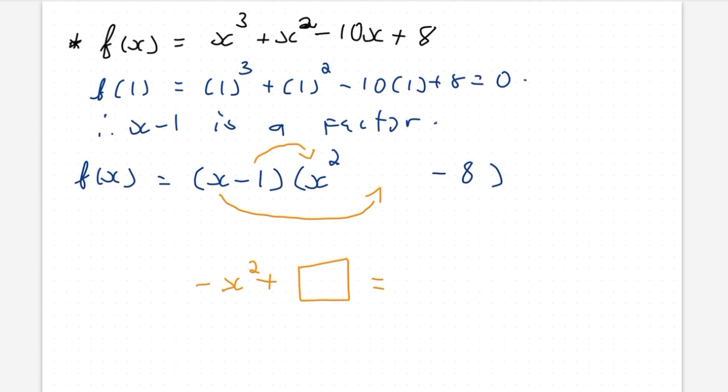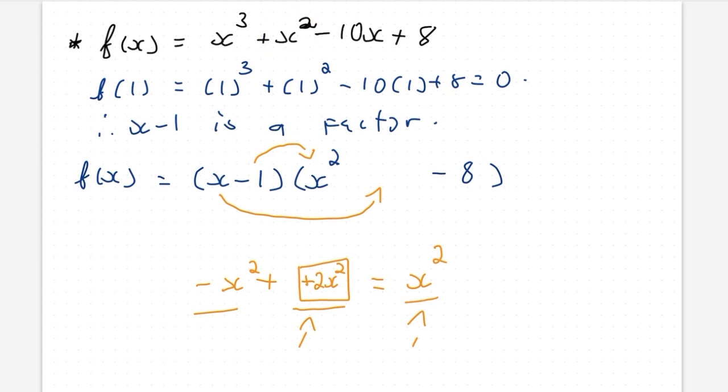Together, I want those two things to give me the positive x squared that I need. So the question is, what do I need to add to negative x squared in order for me to get x squared? I hope you're screaming to the screen that you have to add 2x squared in order to get x squared back. So minus x squared plus 2x squared would give me the x squared term that we desire.